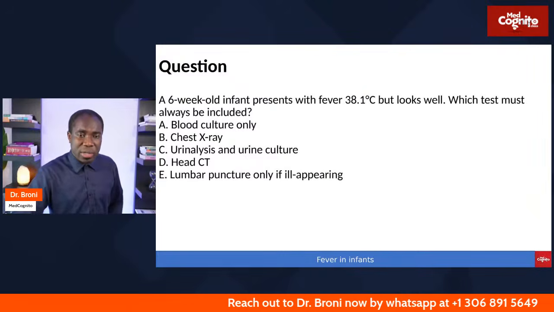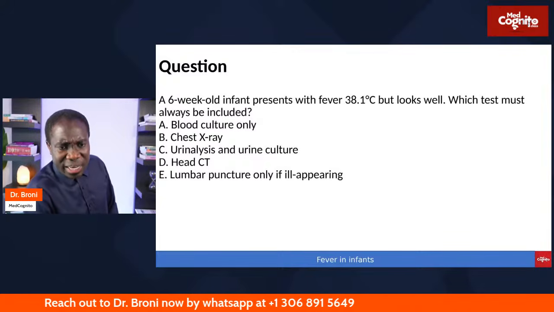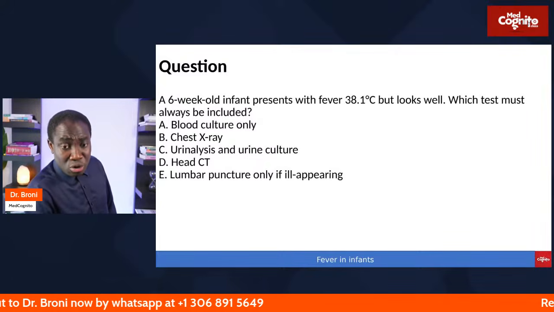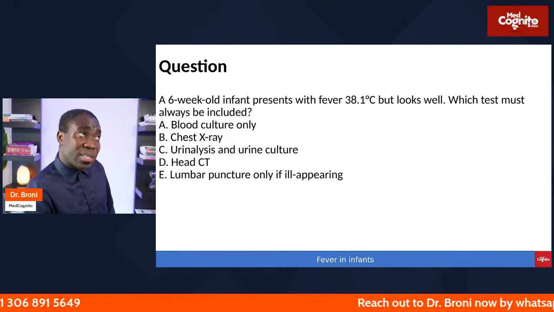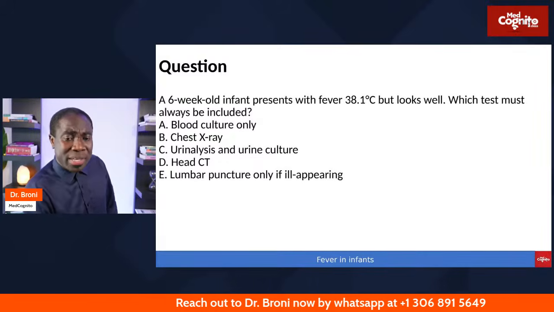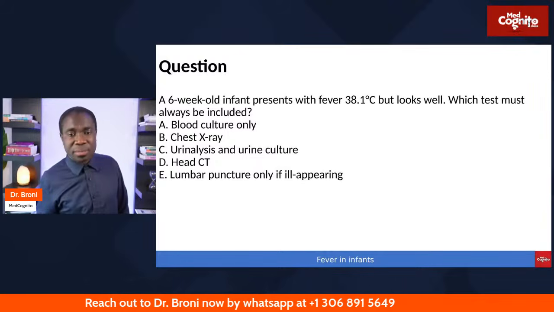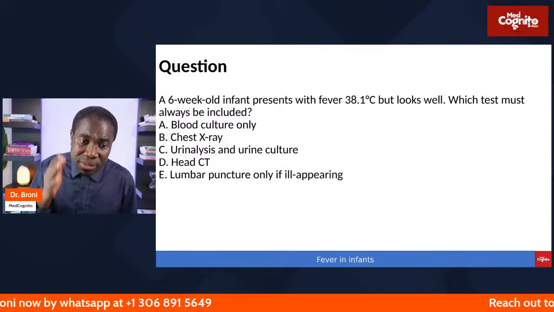Okay, so next question. A 6-week-old infant presents with fever of 38 degrees Celsius but looks well. So 6 weeks is like 1.5 months. Which test must always be included? Beautiful. I like this question. Which test must always be included?